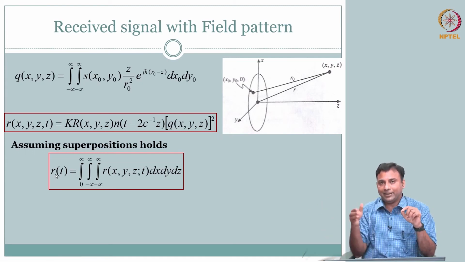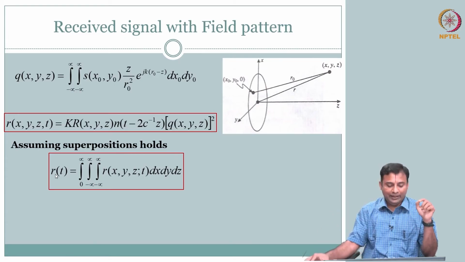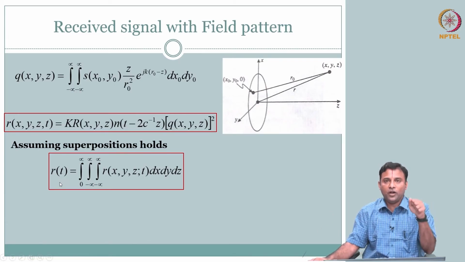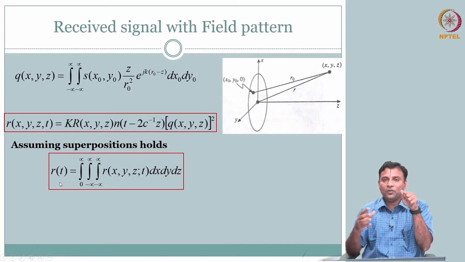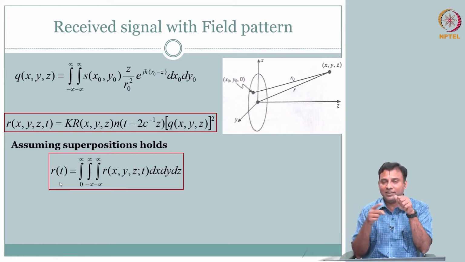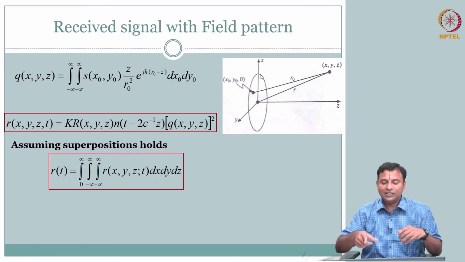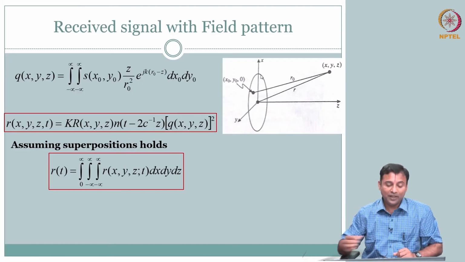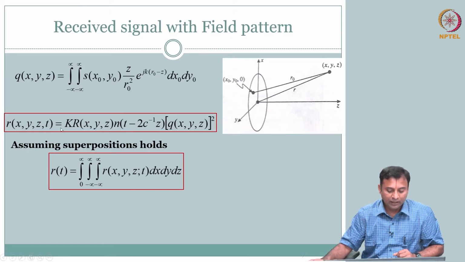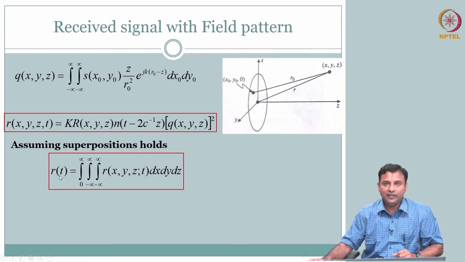There is a time axis, but x, y, z is fused. So, what you are getting, you do not know where it is coming from. All you know is it is coming after a certain time interval. It is coming from the whole region that got insonified in this beam pattern. Okay. So, that is what we get, R of t.